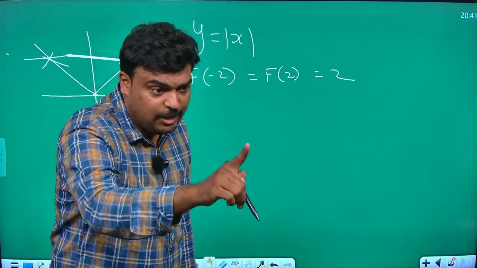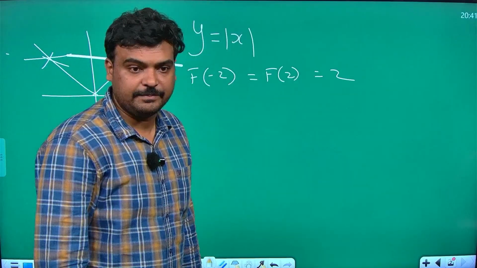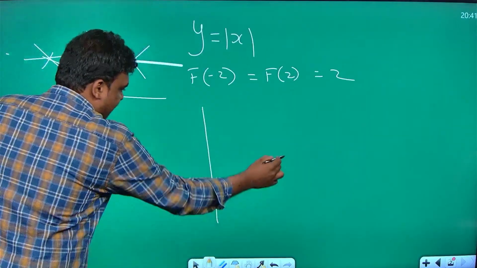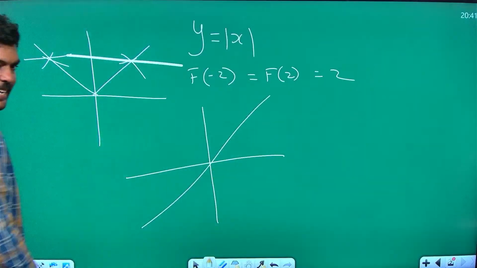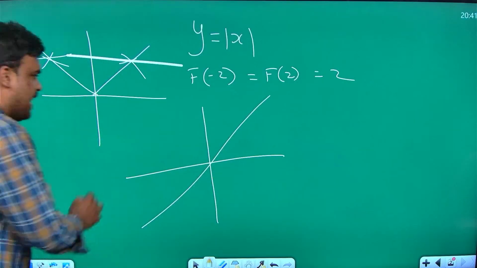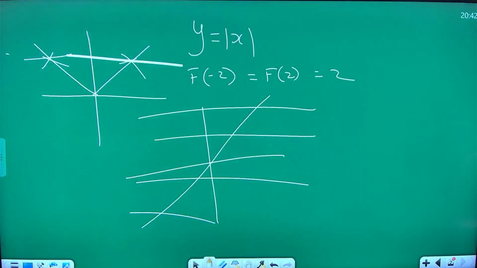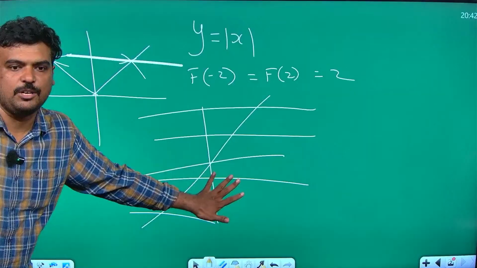If it touches only one time, it is a one-to-one function. புரிஞ்சதா? So now let me take the identity function. The identity function will be like this, right? Wherever I draw the line, it touches only one time on the function, so we can boldly say it is a one-to-one function.